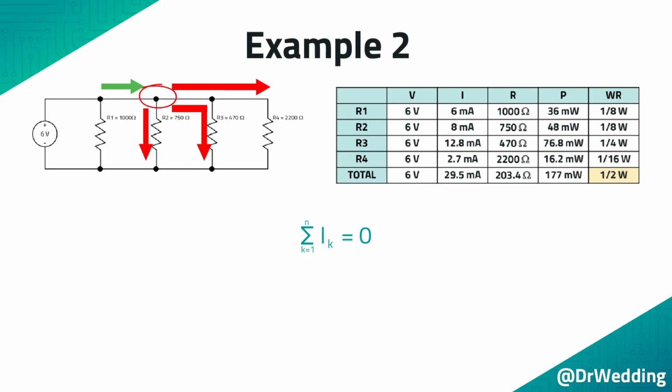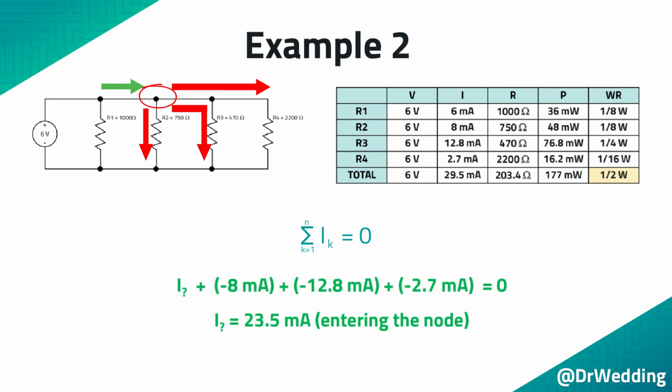The green current is the current that is feeding the node. To use Kirchhoff's current law, we add up these 4 currents, where the currents entering the node are positive and the currents exiting the node are negative. To make this equation equal to 0, the unknown current is positive 23.5 milliamps. Because this current is positive, it is entering the node.